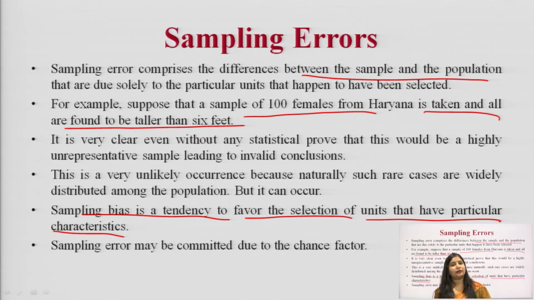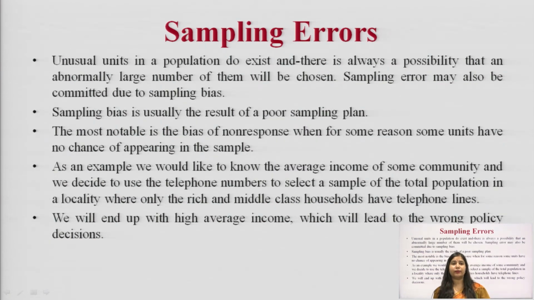Another example: if you take an unusual unit of the population, which does exist but can be abnormal, like the example of collecting data about a clothing brand from persons with a height of more than 6 feet, then it is an unusual unit.